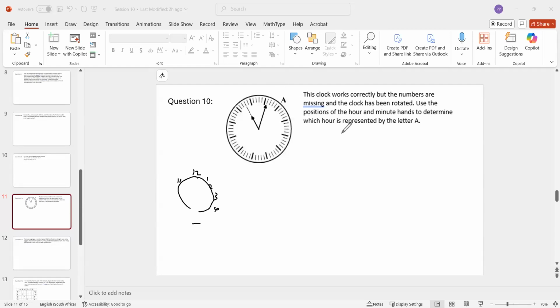And from that, can we make any conclusion? Well, I can see a clock. If the minute hand is at 12, to get to the hour hand, right?